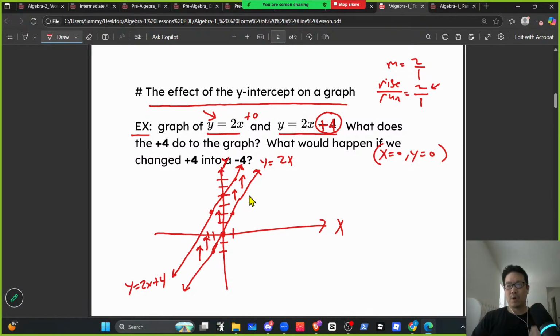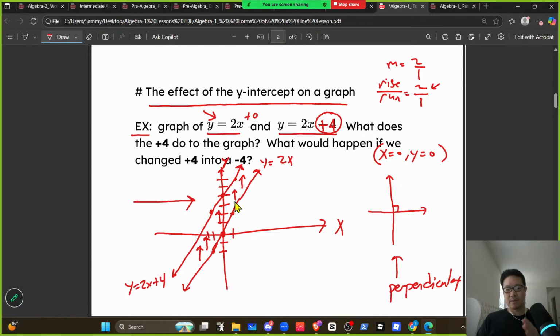Perpendicular is when 2 lines intersect at a 90-degree angle. Do you remember from geometry what 2 lines going in the same direction are called? Parallel. So these 2 lines are parallel.